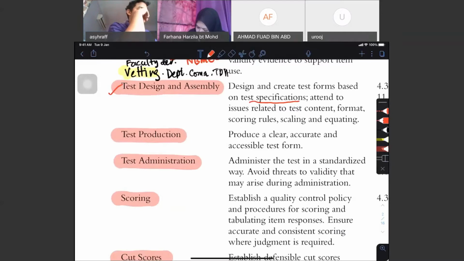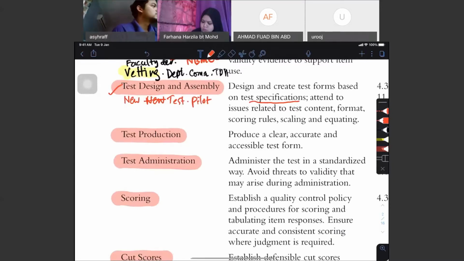But one of the things, with new questions, ideally, I know this is a very ideal situation, if you have new questions, they need to be tested first, sort of piloted.